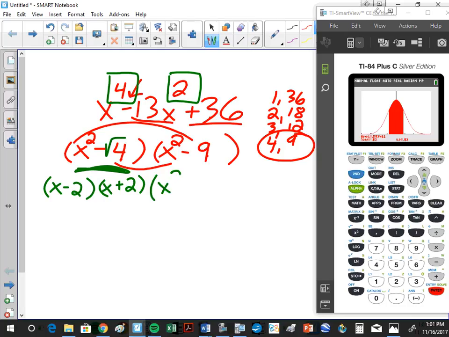And then x plus 3 and x minus 3. If it's x times x minus something times itself. So this is x times x minus 2 times 2. x times x minus 3 times 3.